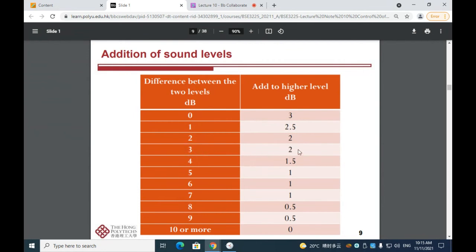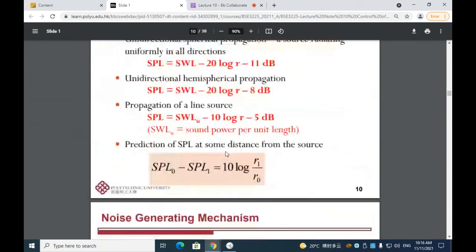Then you refer to the value on the right hand side, and you immediately know that if you have 2 sound sources, one is 7 dB and the other is 10 dB, and you add them together, the final value will be 10 plus 2. It will be 12. Okay, so this is the table you can refer to.